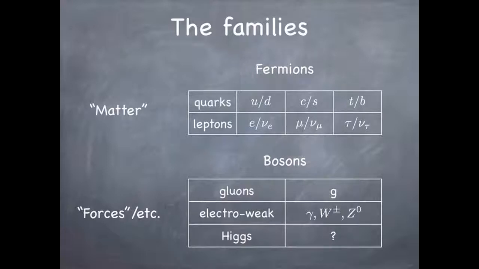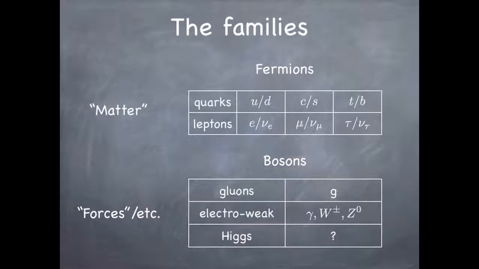Anything with charge can interact using photons, which are the gammas, and then the W and Z bosons are the carriers of the weak force, and they interact with objects that have weak charge.